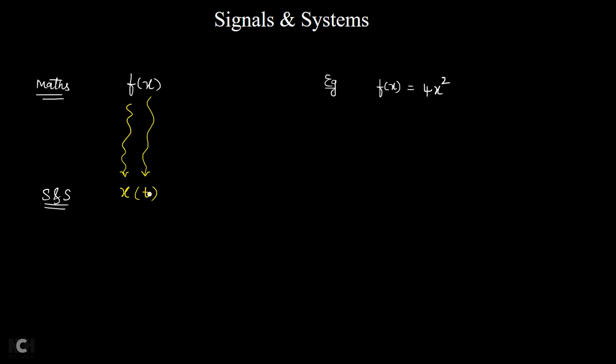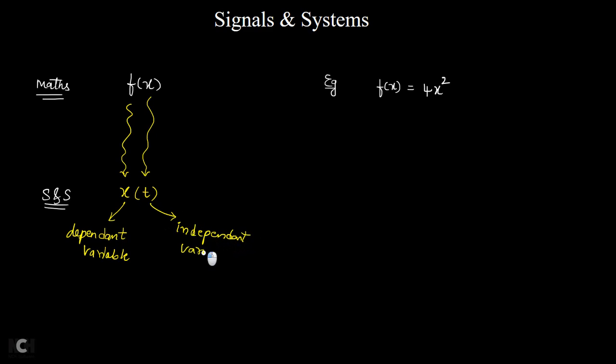X depends on the variable t, but t does not depend on anything else. So we can call x the dependent variable, because it depends on another variable t, and t can be called the independent variable.